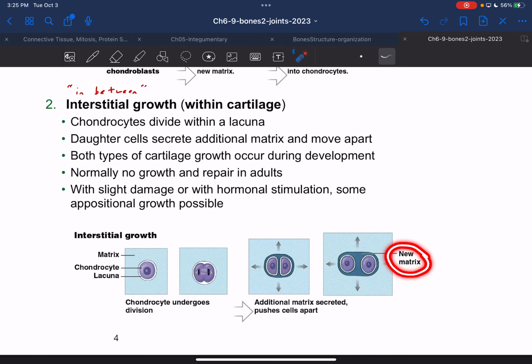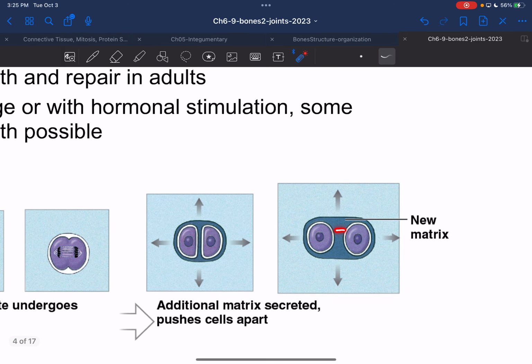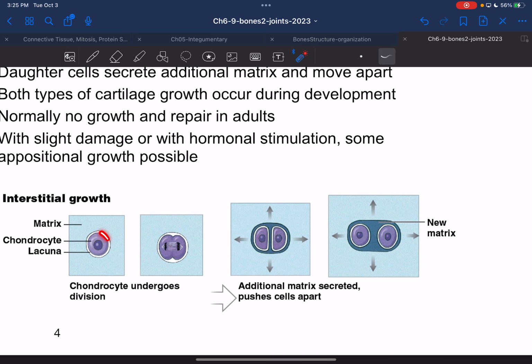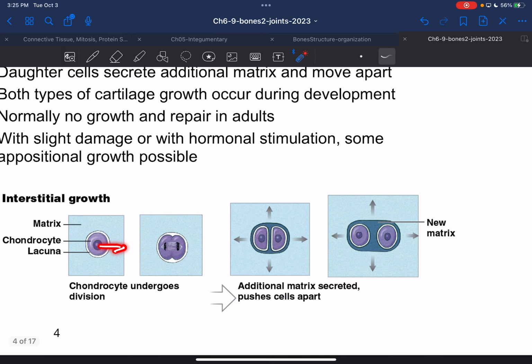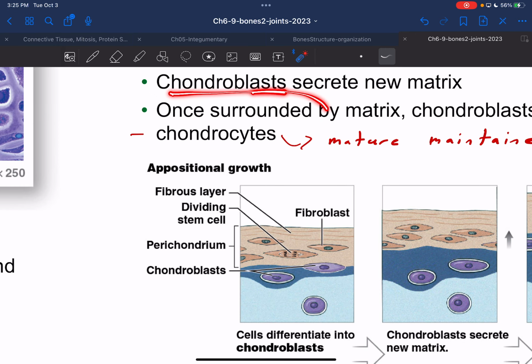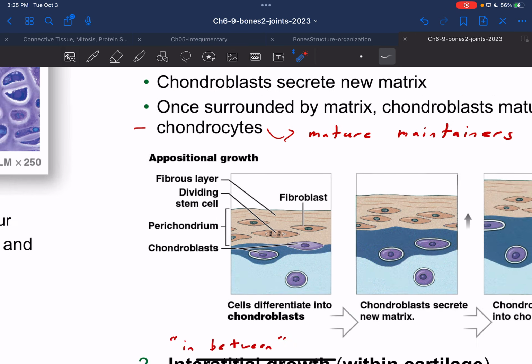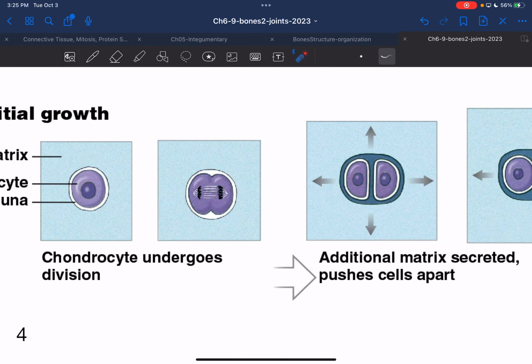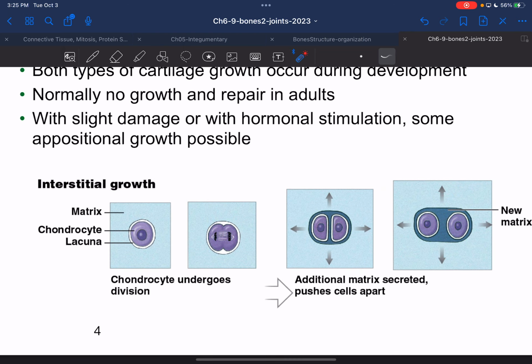You can see they built new matrix, and you can see that they've expanded. And that's how you can get more chondrocytes to make more chondrocytes. You can see that we didn't have to go from chondroblast getting stuck in there to turn into chondrocytes. If the body needs it, it will actually let these chondrocytes divide within to actually build new chondrocytes.